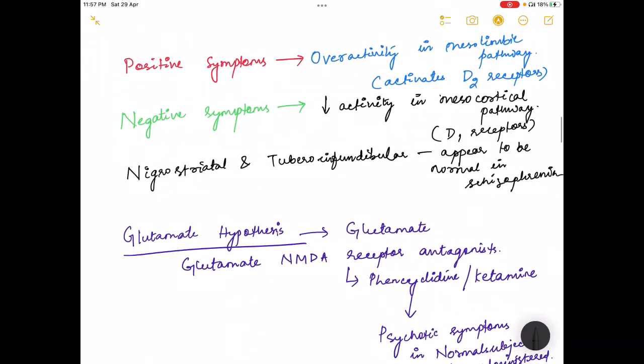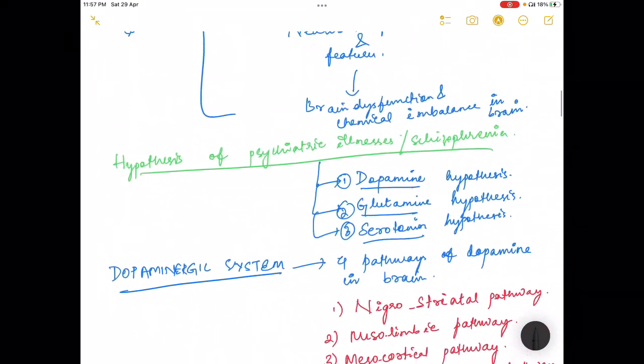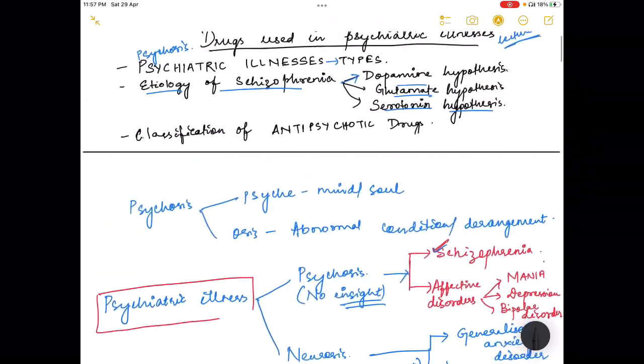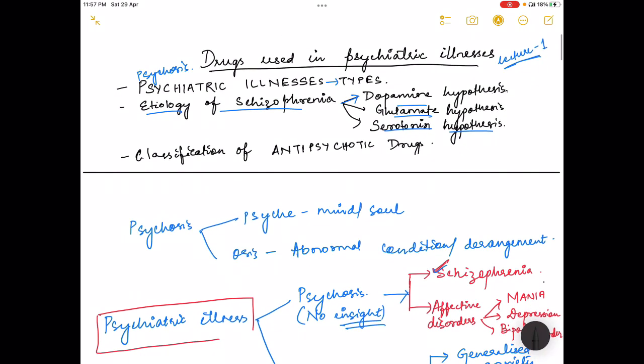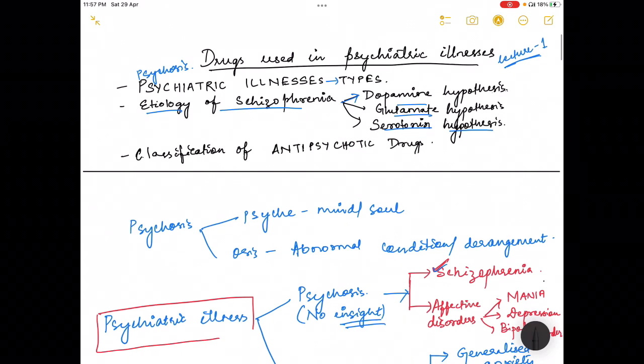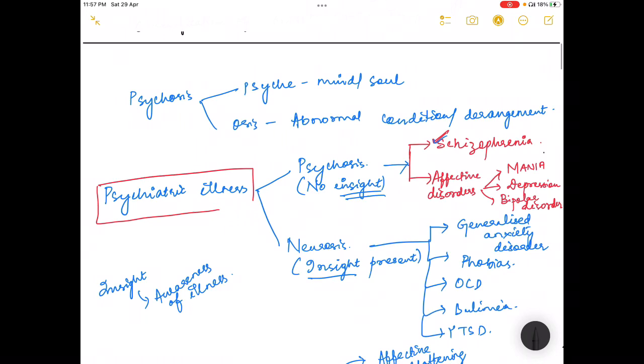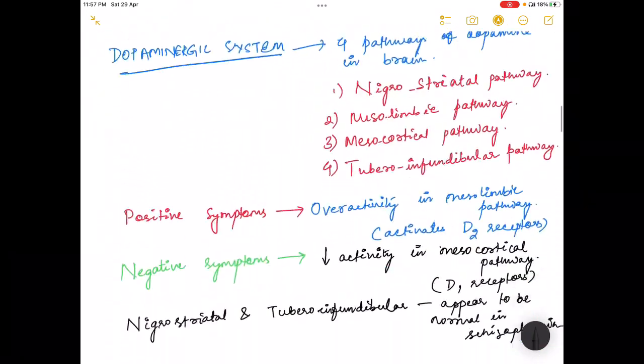Everyone, in the last lecture we had discussed the antipsychotic drugs. We had discussed what is psychosis, what is neurosis, and the etiology of schizophrenia, vis-a-vis the dopamine hypothesis, glutamate hypothesis, and serotonin hypothesis, and we had discussed the classification of antipsychotic drugs.